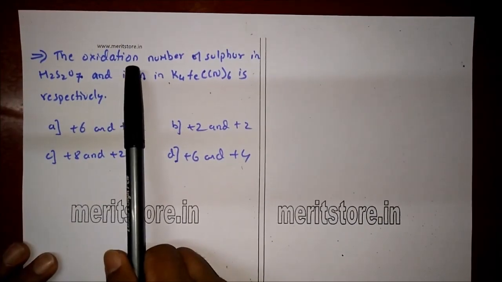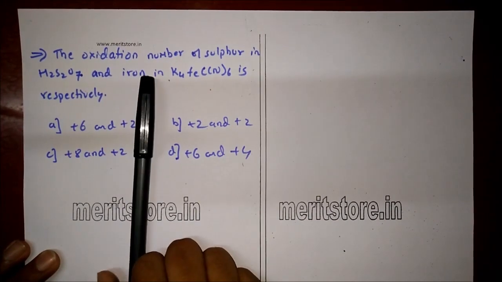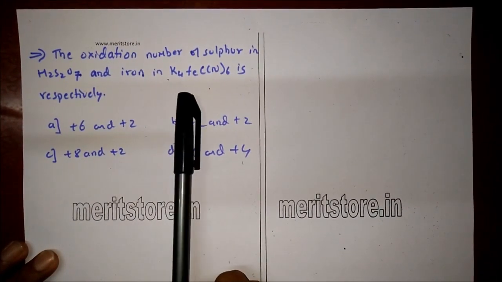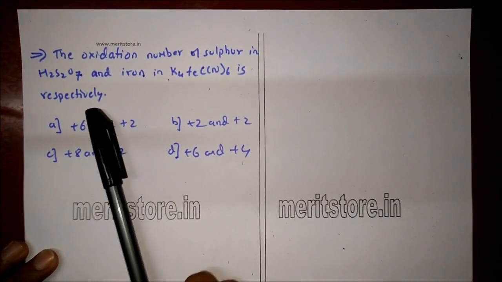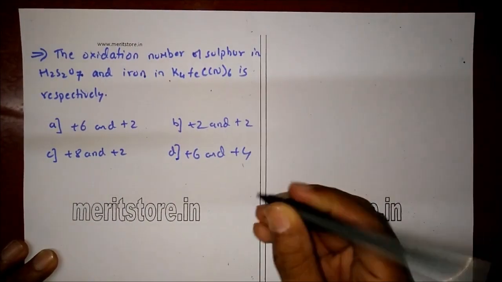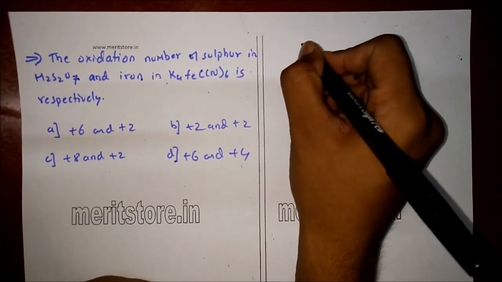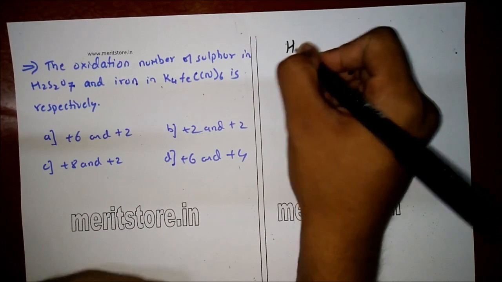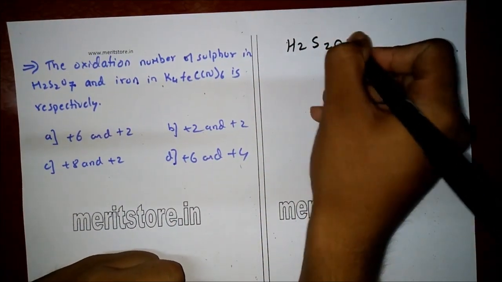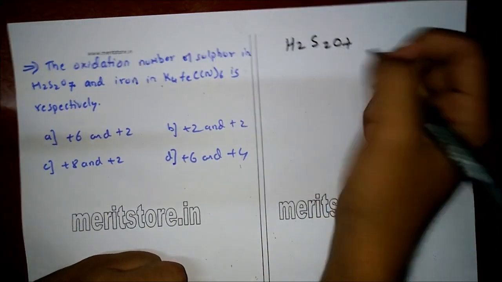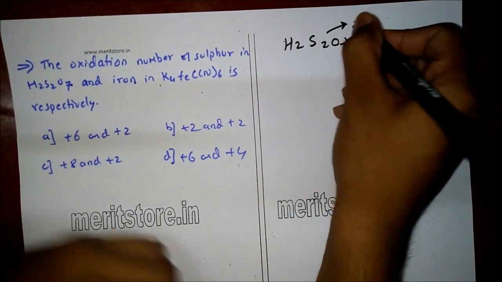The oxidation state number of sulfur in H2S2O7 and iron in K4Fe(CN)6 is respectively, here are the options. Now, let's first find out the oxidation number of sulfur in H2S2O7. Let the oxidation state of sulfur be x.